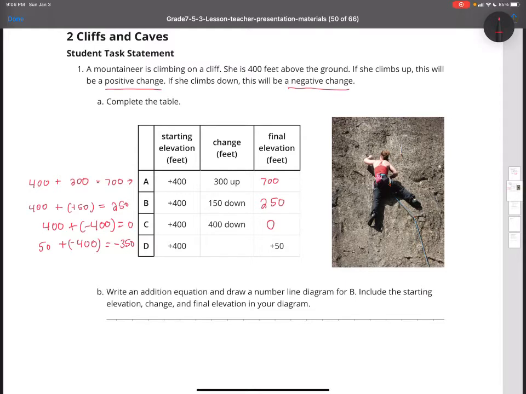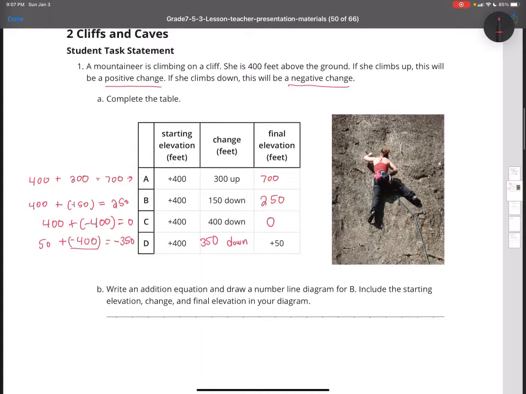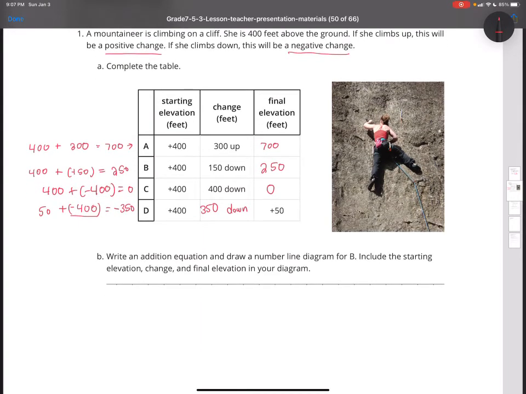But we discussed that whenever the negative sign has the greatest absolute value, the answer will be negative as well. But needless to say, back to the problem. So if that's a negative 350, the keyword we need to use is down, and the number would be 350 down, okay?